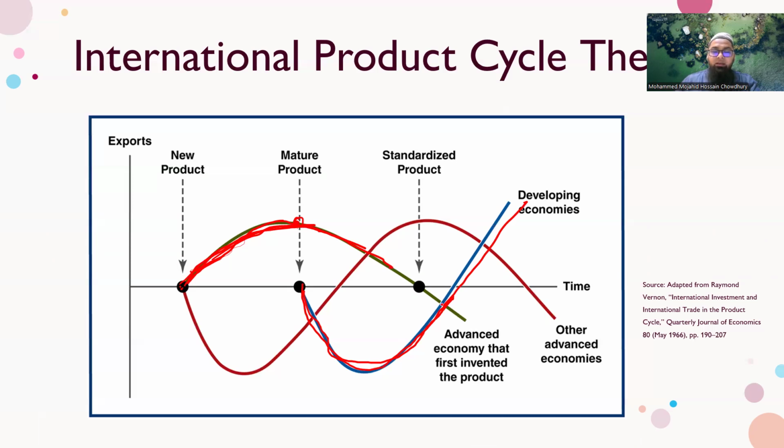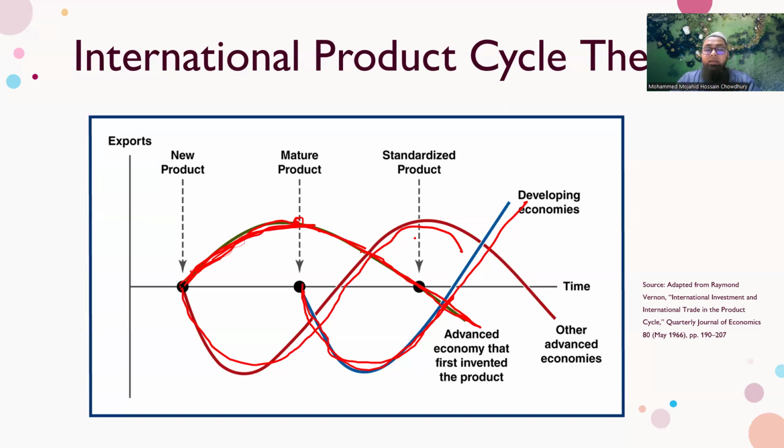At that time, the advanced economies that were first in the invention reduced their exports of that product. Other advanced economies are also producing after the maturity, and their system is going there.